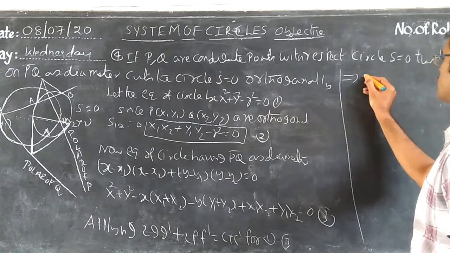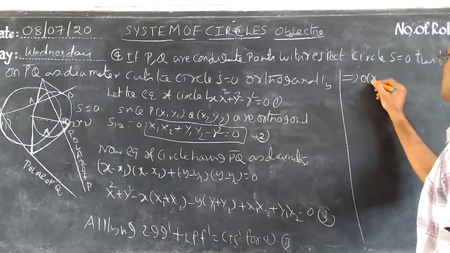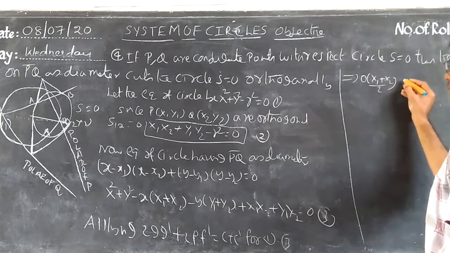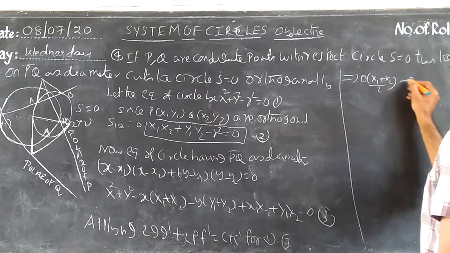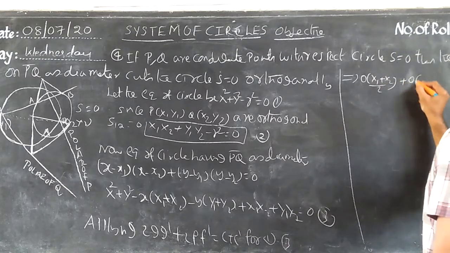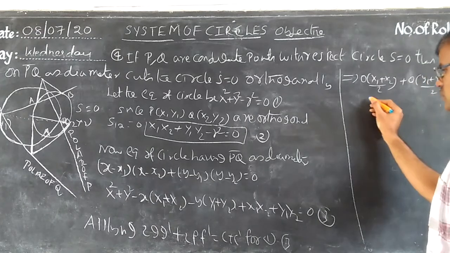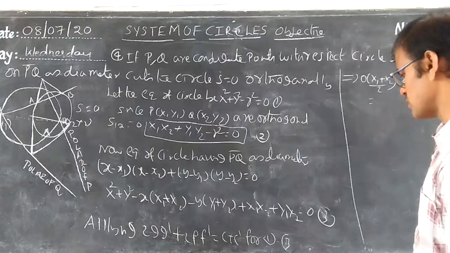Now for 2g, there is no 2g, so 0 into (x1 plus x2) by 2, plus 2f, which is also 0, into (y1 plus y2) by 2, is equal to c1 plus c2.